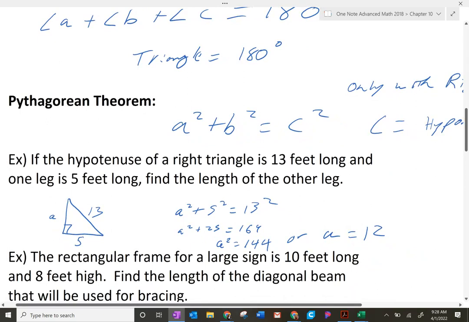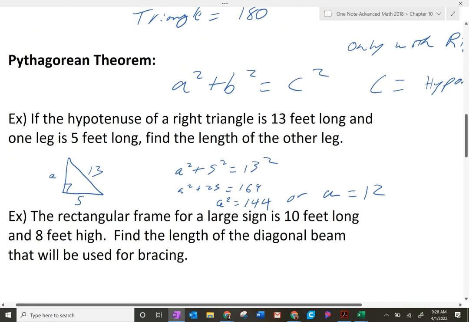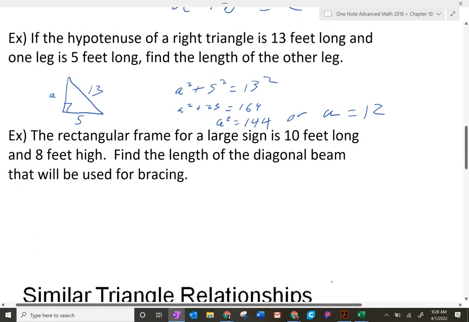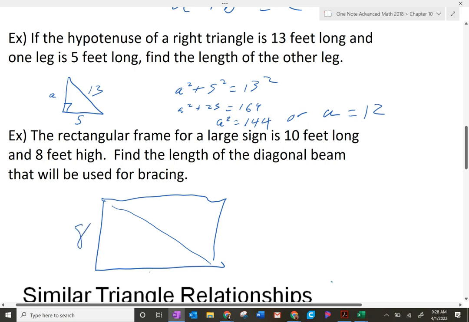Okay, thumbs up, thumbs down. How you guys feeling on that one? Okay. I'm feeling good. This one, I'm not going to get into it, but if you really wanted to know, it's saying you're making a big sign. It looks like this. And it says you want to find the diagonal. So they gave you 8. This is 10.